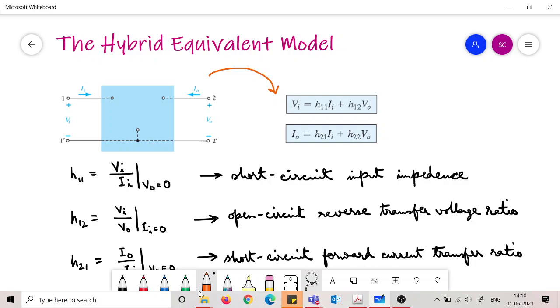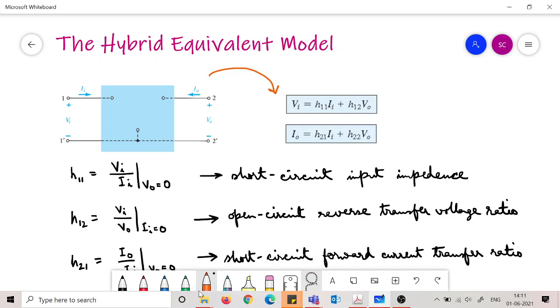When you study 2-port systems, you will see that these variables are related to each other through some linear relationship. If the system inside this blue box is a linear system, then you can relate the input and output using linear relationships, and the relationships that are employed typically are these, what you see here on the right hand side.